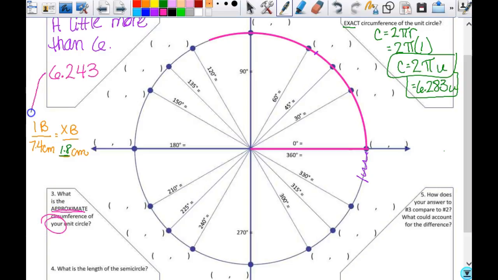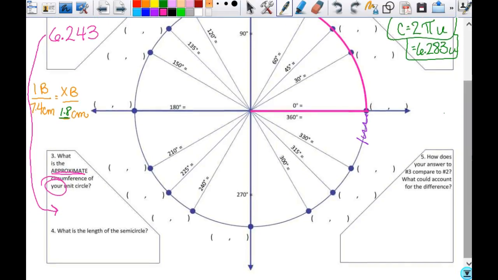Whatever you wrote here is what you write right here. And don't just copy my number down. You put your own, which is most likely different than mine, and that's okay. Mine is 6.243 units. Everybody good with that? That's the length all the way around the circle. It's the circumference of your circle in Binderoo units.